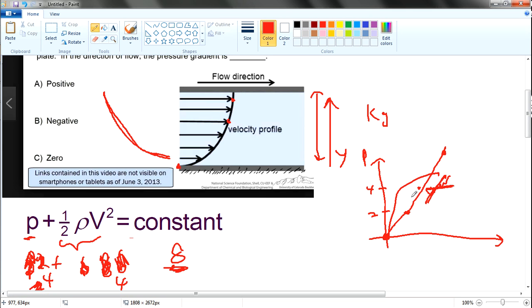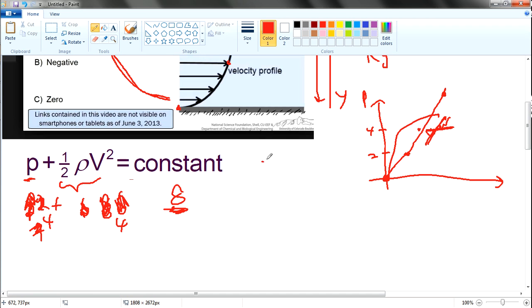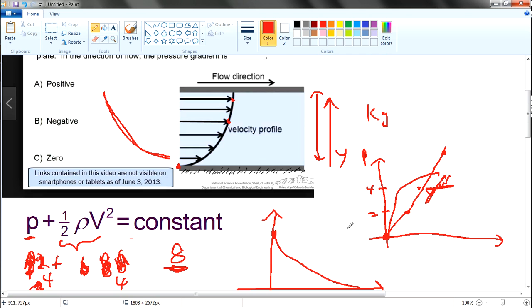And as the velocity increases, the pressure should be decreasing, right? So instead, the graph should be in this form. At first, the pressure should be very high, and then when velocity starts to increase, this one should start to go down. So there will be a negative gradient going down.